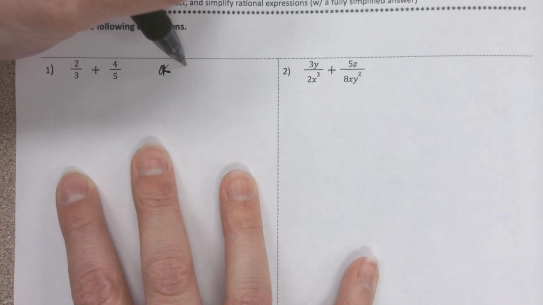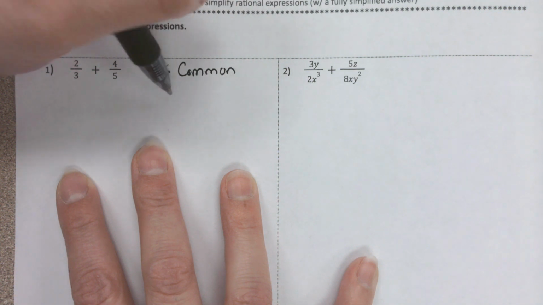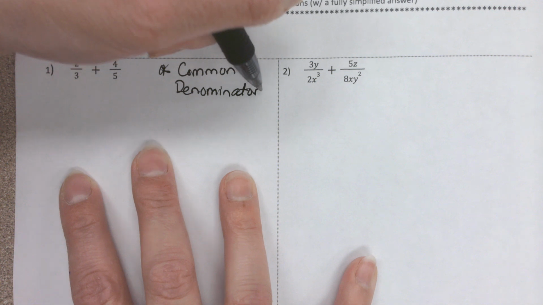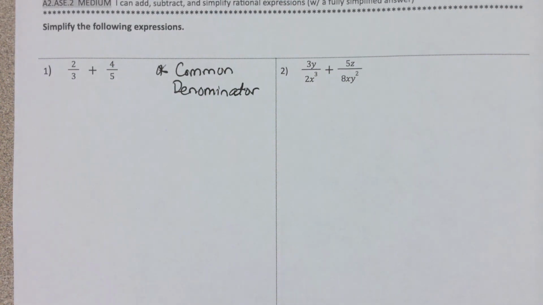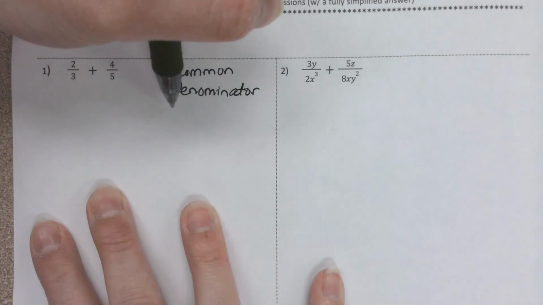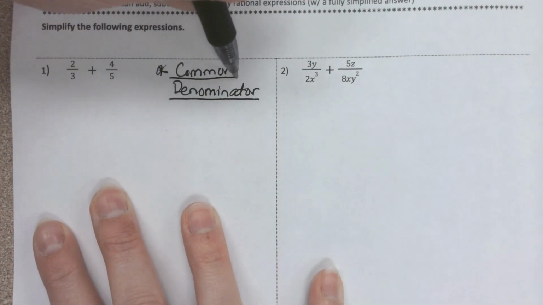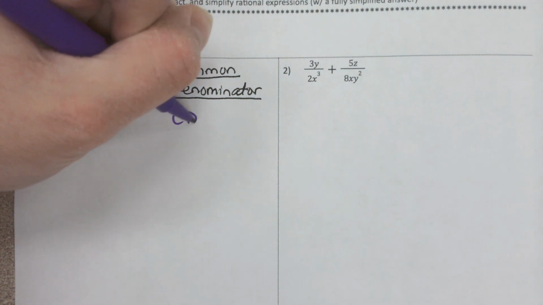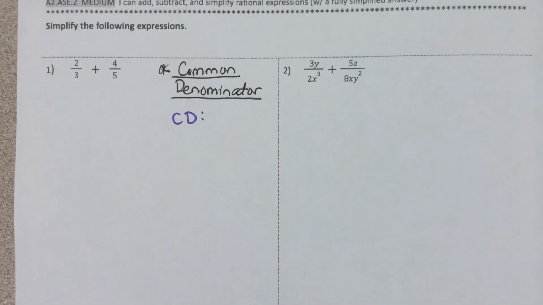The very first thing we need is a common denominator. Need to get that. And from now on, I will just write CD for common denominator, because I'll write that on every problem.